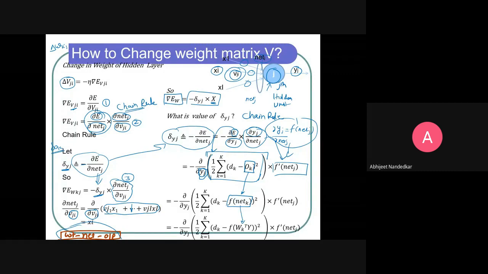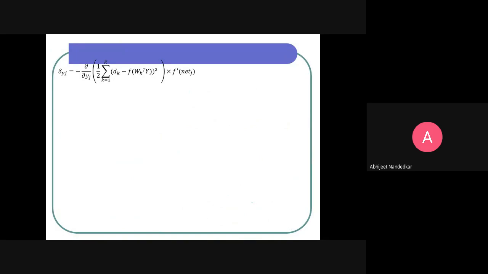Net k, you can write as wk transpose y. I'm just making the link. Now this wk transpose y and this is delta yj.